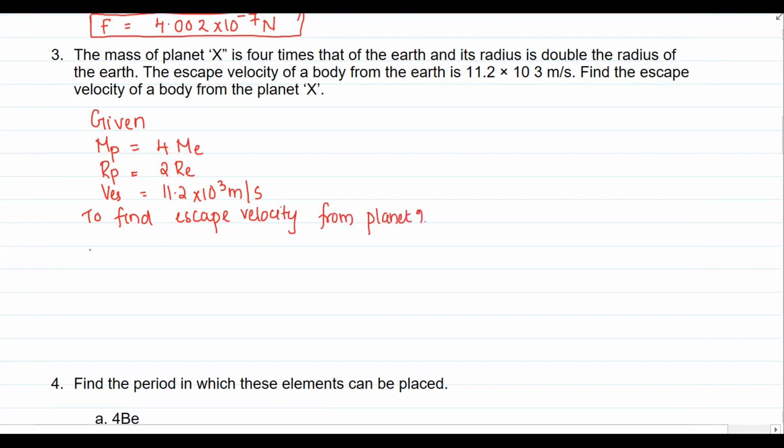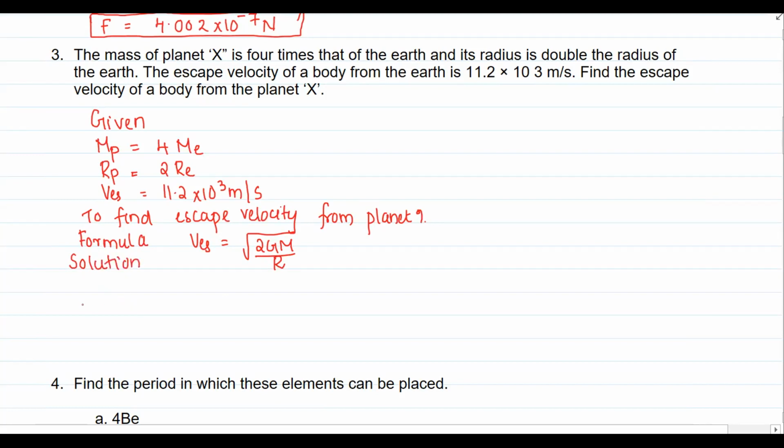We know the formula for escape velocity is V escape is equal to under root 2GM upon R. This is the formula for escape velocity. So let us go for the solution.